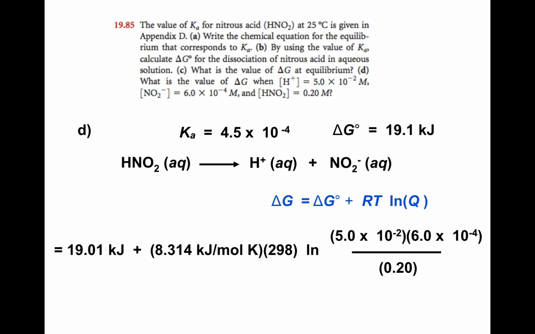So we plug the concentrations of the reactants and the products into the law of mass action, take the natural log of that value, multiply it by RT, and then add it to that delta G naught value to get G. All right, having a negative value for delta G means with these concentrations that were given, I'm not at equilibrium. I'm still going towards equilibrium, still making products, still losing reactants.